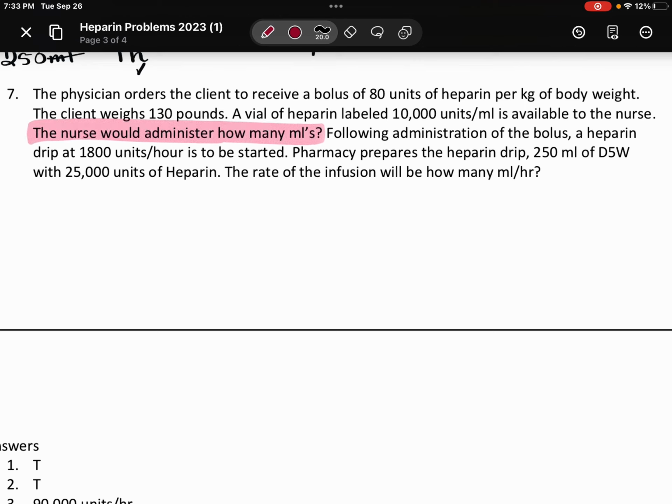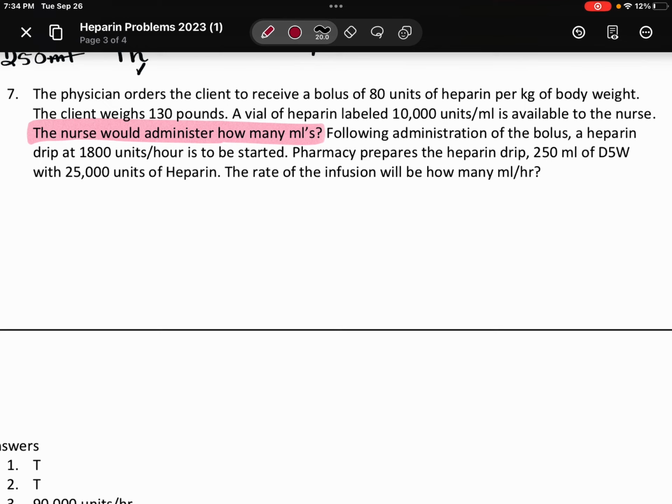Following administration of the bolus, a heparin drip at 1,800 units per hour is to be started. The pharmacy prepares the heparin drip, 250 milliliters of D5W with 25,000 units of heparin. The rate of the infusion will be how many milliliters per hour?